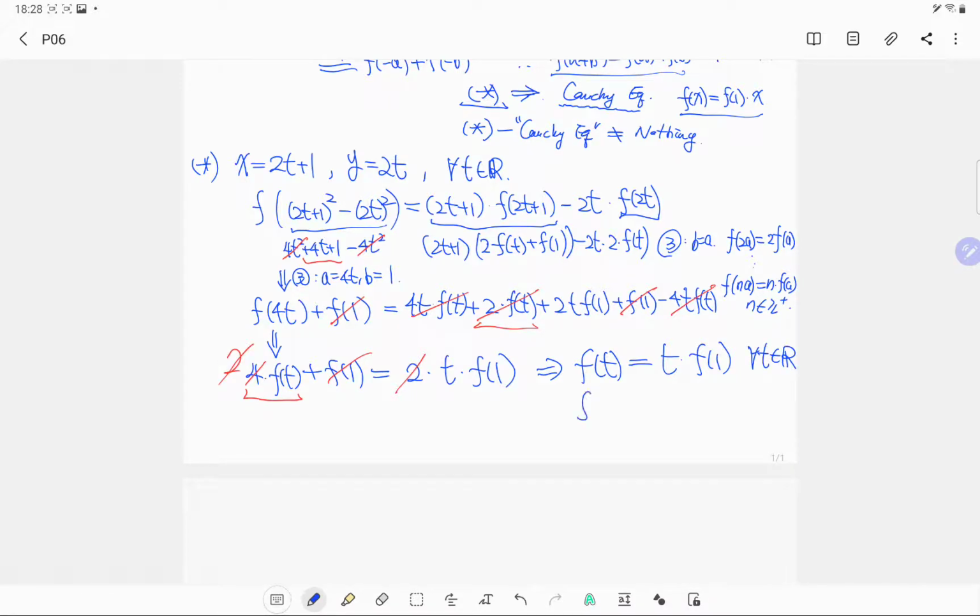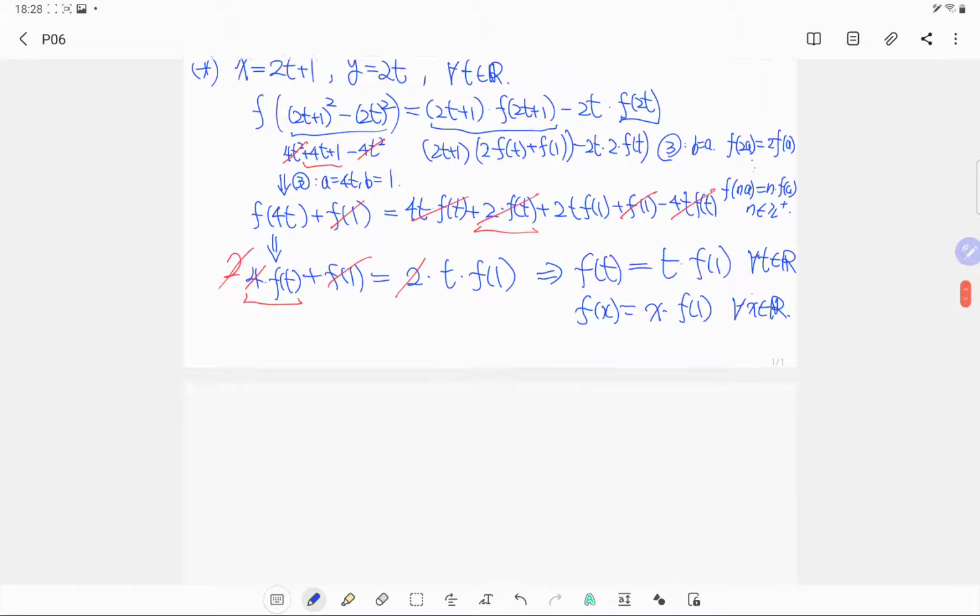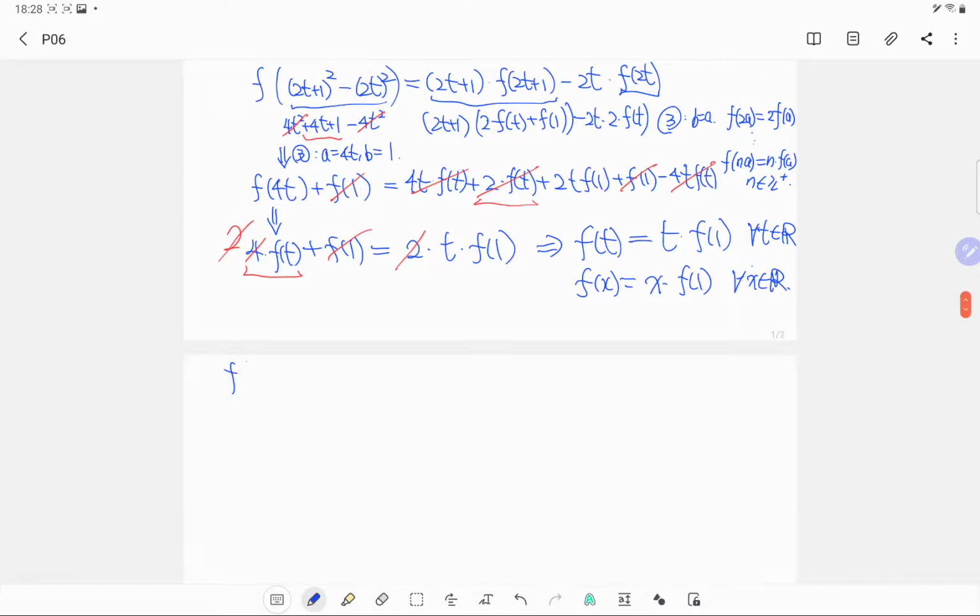Or you can write it as f of x equals x times f of 1 for all x real numbers. So we can have a simple check. f of x squared minus y squared equals x times f of x minus y times f of y. So for the left hand side, f of x squared minus y squared is nothing but x squared minus y squared times f of 1.